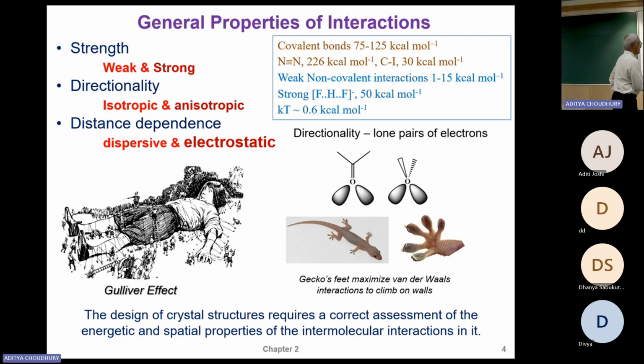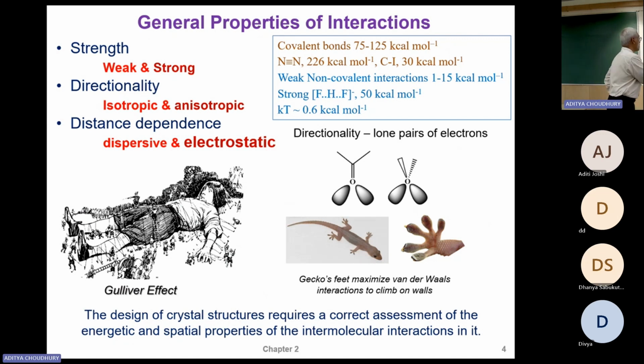For non-covalent interaction, previously I had given 0.6 to 30, but now I'm contradicting what I had given. So this is the ballpark figure, but you look at the hydrogen bond energy here, the strong FHF, 50 kilocalories. Do you believe it?